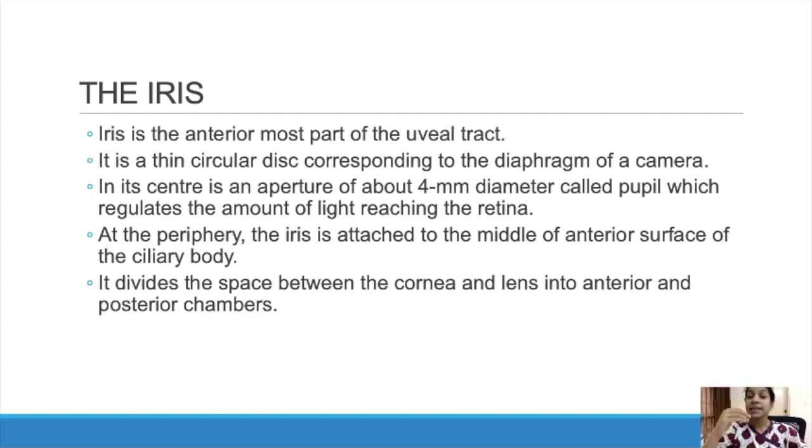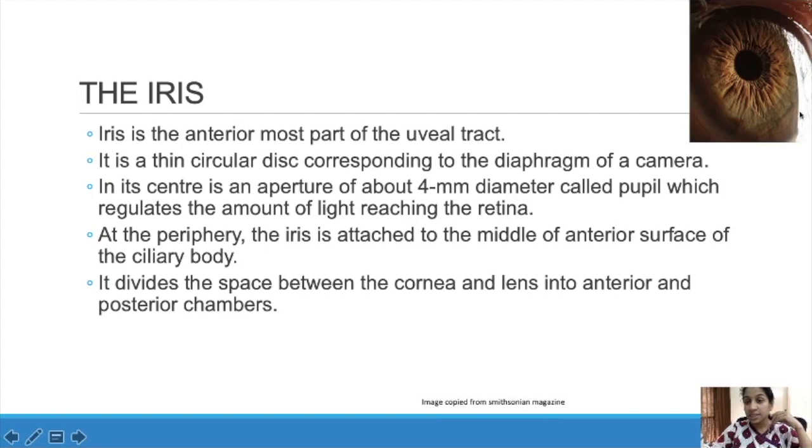Anterior segment is in front of the lens and posterior segment is behind the lens, and the anterior segment is filled with aqueous humor and the posterior segment is filled with vitreous humor. And this anterior segment can again be divided into two, right? Anterior chamber and posterior chamber. That division in the anterior segment is done by this iris. In front of the iris is the anterior chamber, and behind the iris is the posterior chamber.